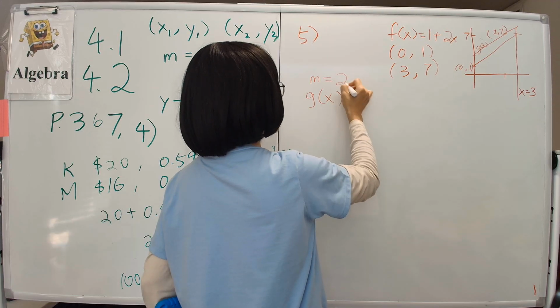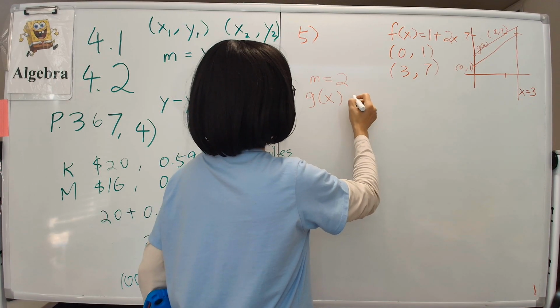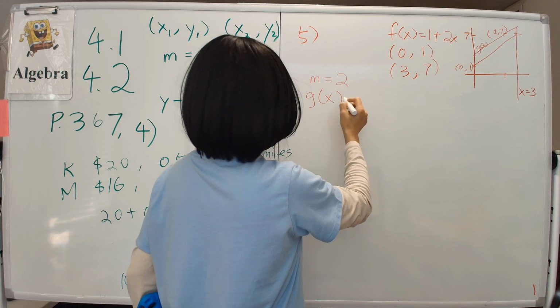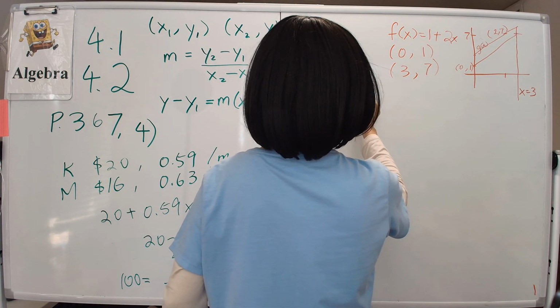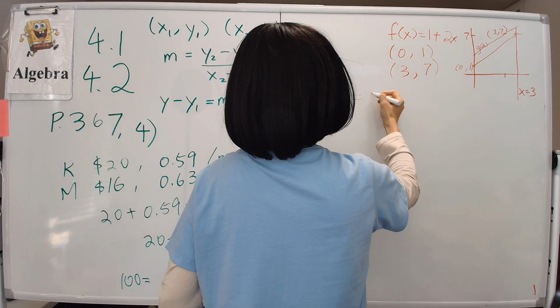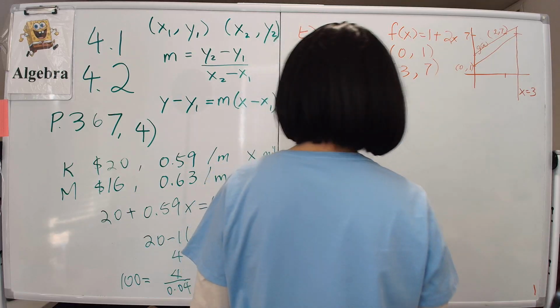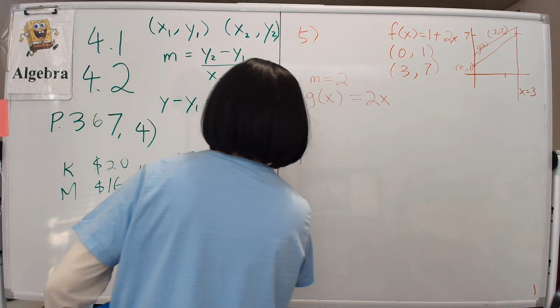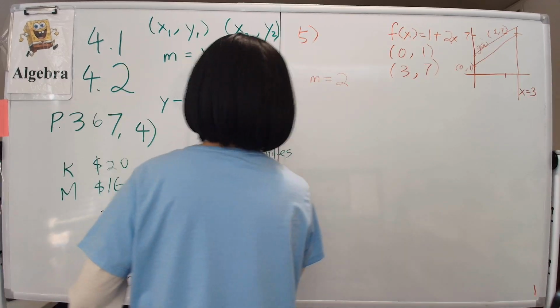So m equal to 2, and g of x will follow this equation right here, okay, to be consistent.